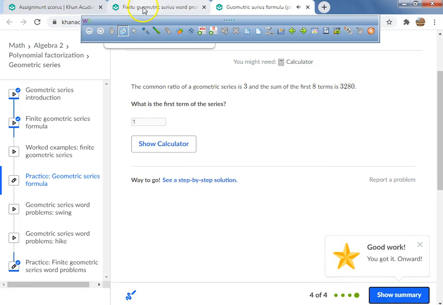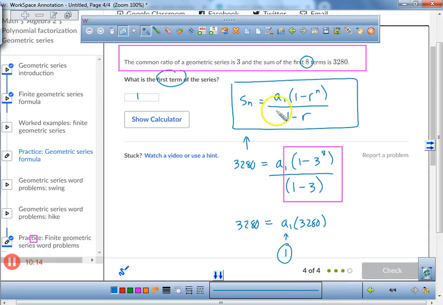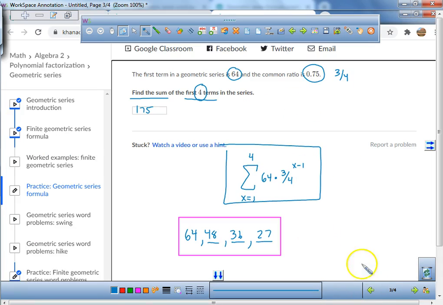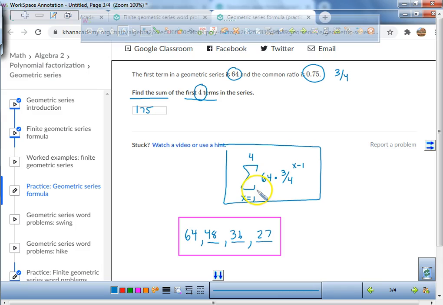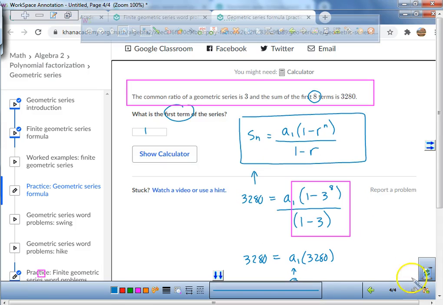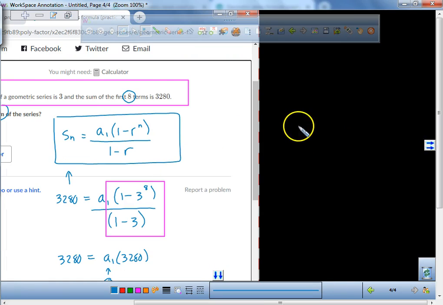Just remember, when you guys are doing this section, what are the 2 formulas you need? This formula and this formula. In case you're wondering what the summation notation formula is, I'll do it one more time. This is the summation notation. I'm going to put x equals 1, and the nth term.